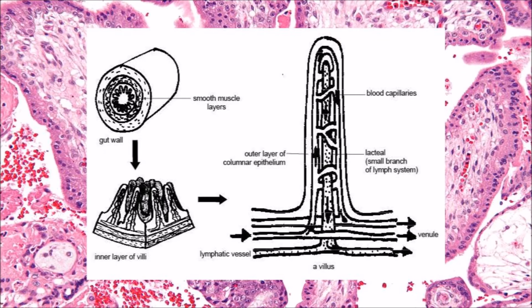Lacteals absorb most of the digested fats and carry them to the thoracic duct in the lymphatic system, which releases them into the circulatory system. When the food has completed its passage through the small intestine, only wastes, indigestible materials, and excess water remain.